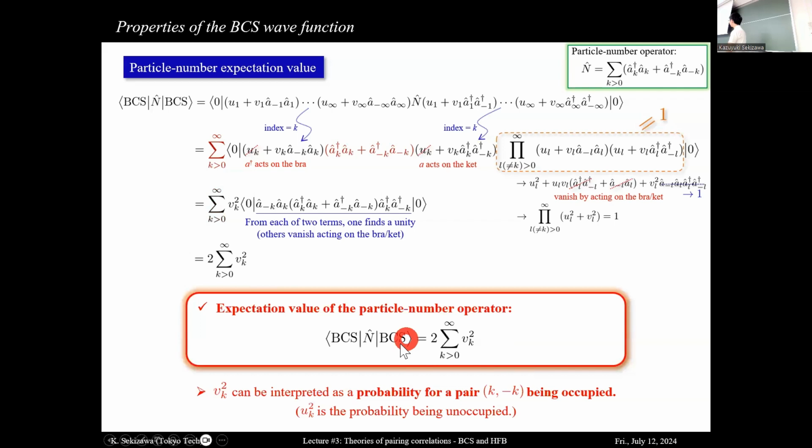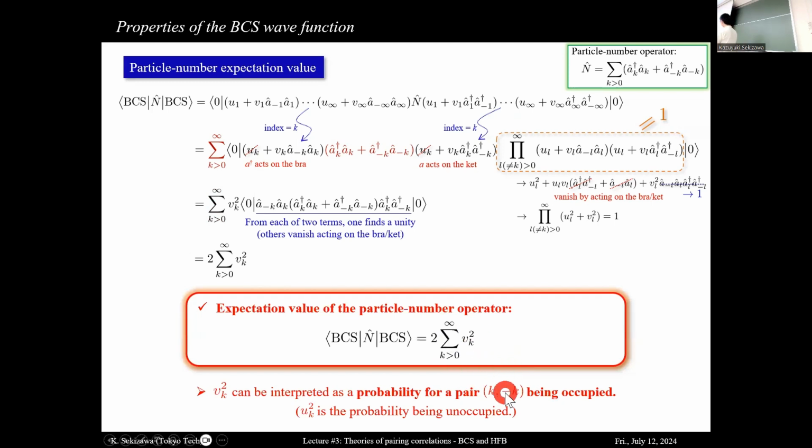And this factor of 2 corresponds to the pair. So each state k contains 2 particles because of the pairing. By summing up these v_k squared multiplied by 2, you can get the particle number expectation value.